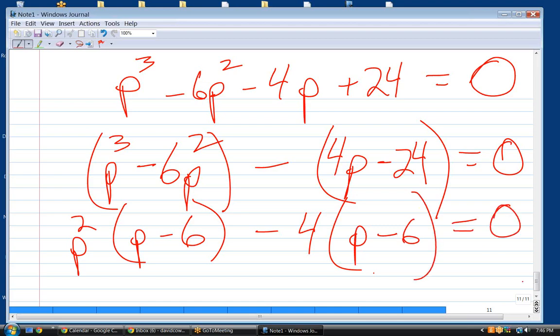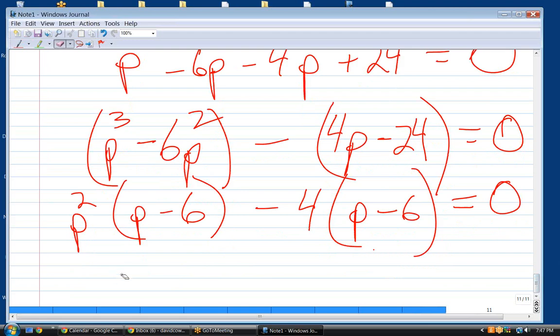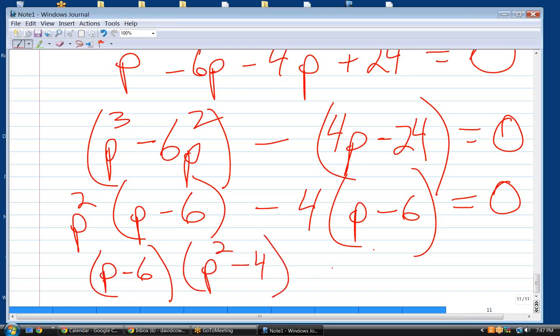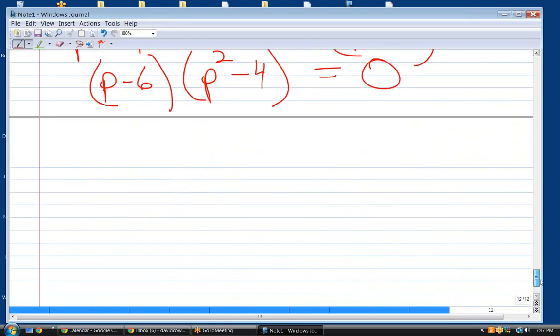Okay. I mean, not that it would have to be. If this was a 23, obviously it wouldn't be p minus 6, but we wouldn't be able to solve it either. In other words, if it's groupable, then these two binomial terms are going to be the same. Exactly the same. Now, what's the next step? Okay, we are going to take p minus 6 times p squared minus 4 equals 0.